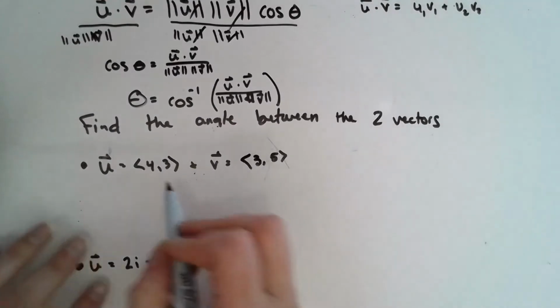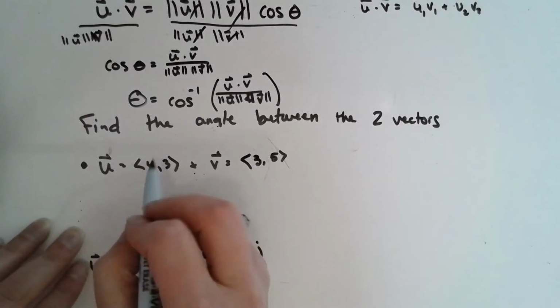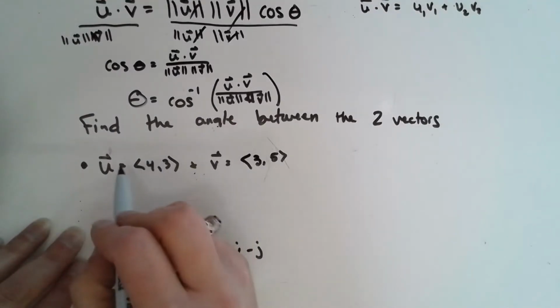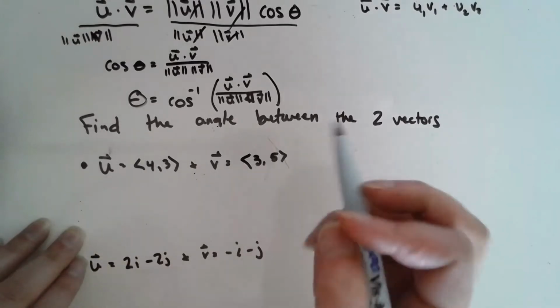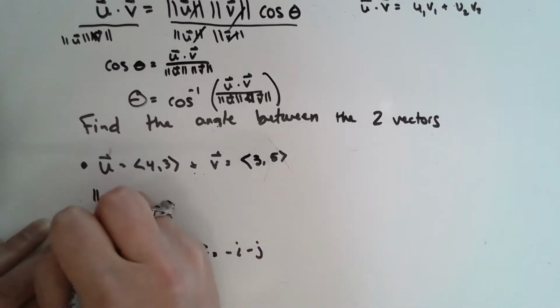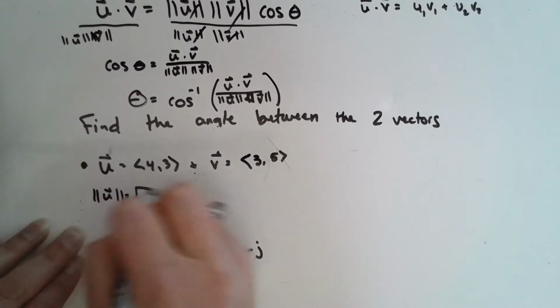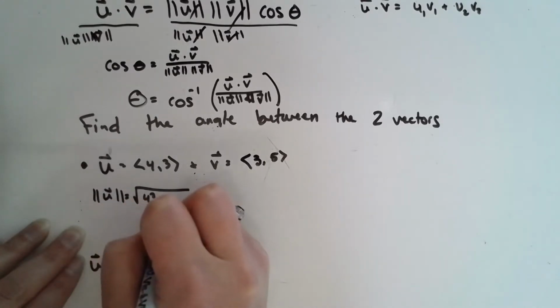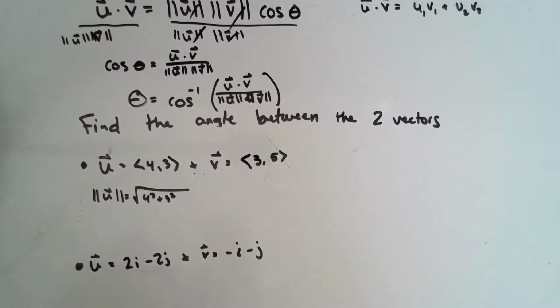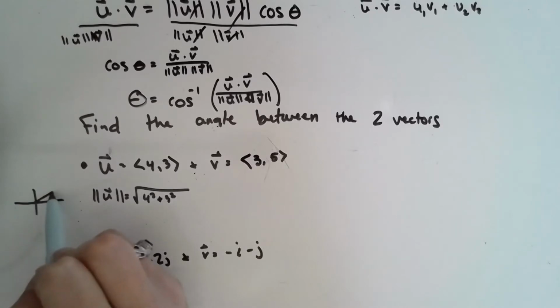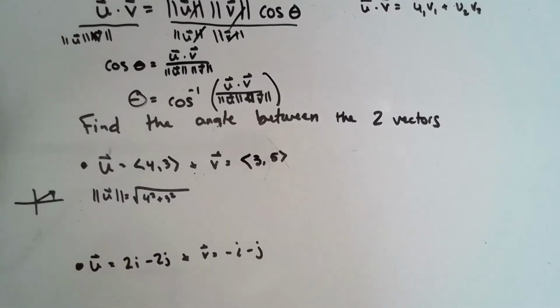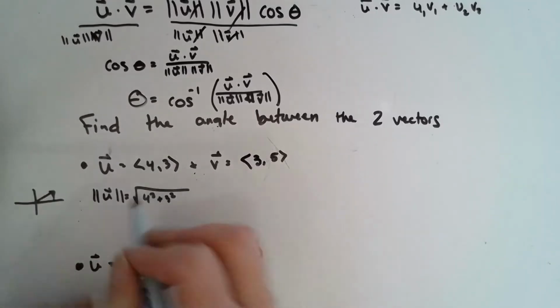So first, I'm going to go ahead and find the magnitude of u and v. The magnitude of u is simply going to be the square root of 4 squared plus 3 squared. If you were to draw this vector out at 4, 3, you could look at that as a triangle and you're just finding the hypotenuse.